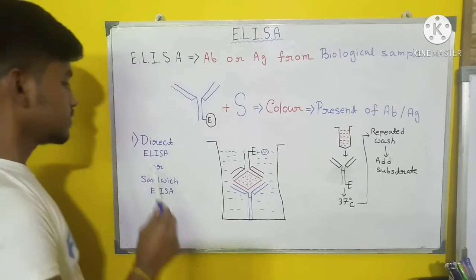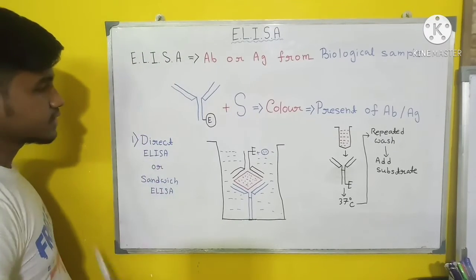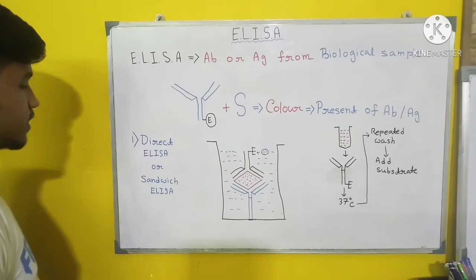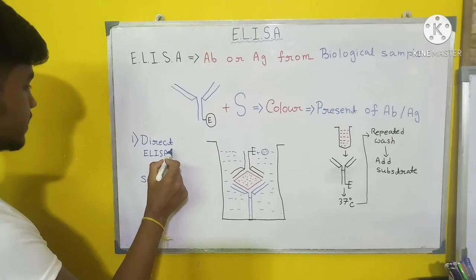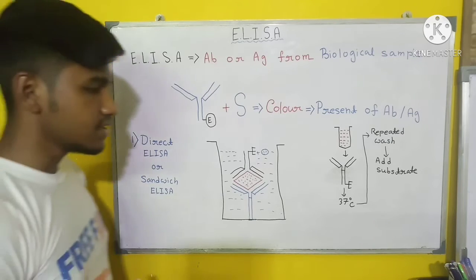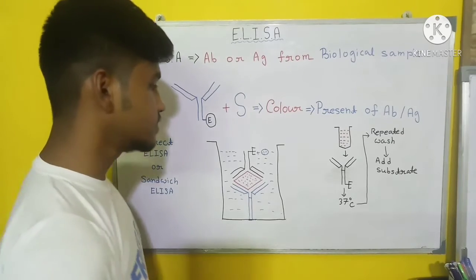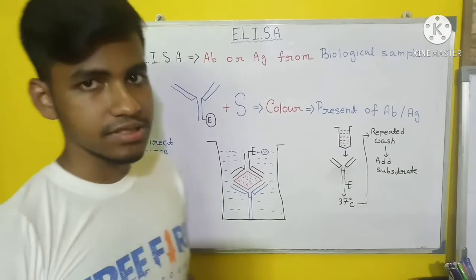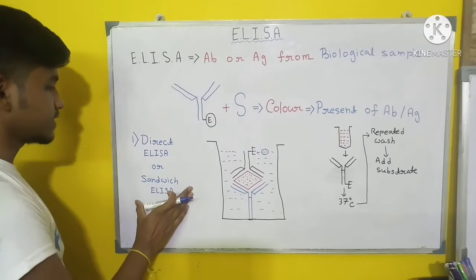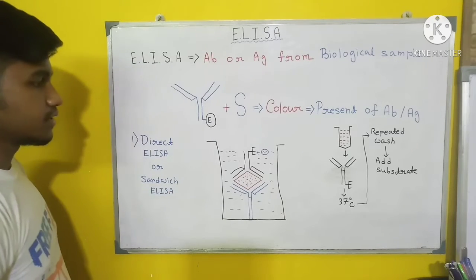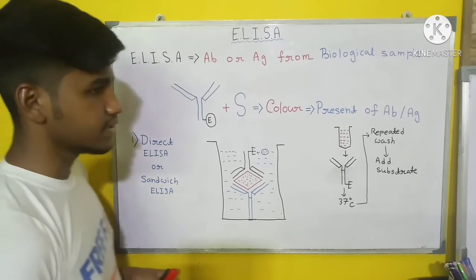So basically, by the use of direct ELISA, we can easily detect the antigen from the patient serum sample, guys. So this is the direct ELISA. I hope you guys have learned what direct ELISA is.